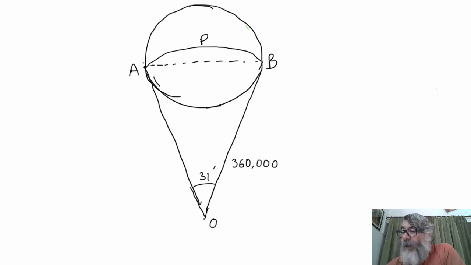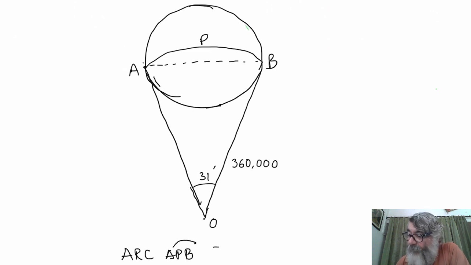As I said, arc APB will be almost, I'm not writing an equal sign, I'm writing three lines, equal to AB, as the observer is too far away.